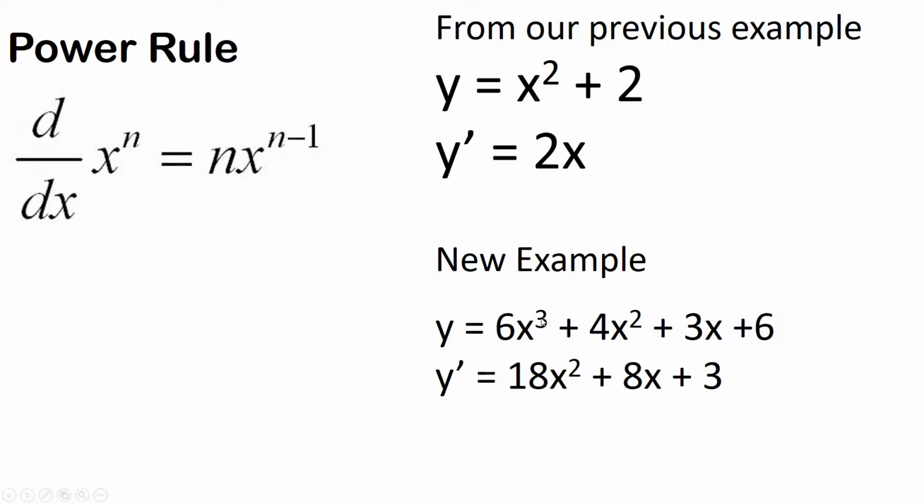So in this case, the 3 drops down to a 2, and 3 times 6 is 18. In this case, the 2 drops down to a 1, and the 2 times 4 is equal to 8, and the 1 drops down to a 0, and the 1 times 3 is still equal to 3. So the function that would give you the slope of the line tangent to this function right here is 18x squared plus 8x plus 3.